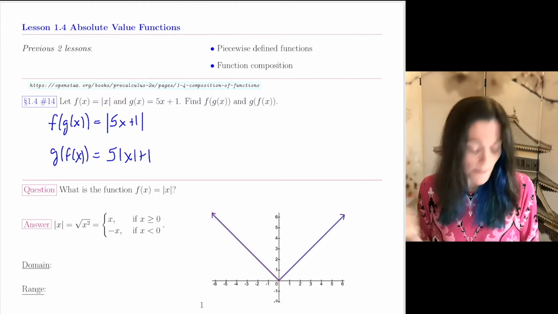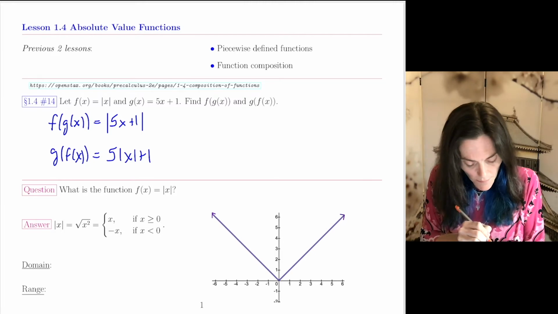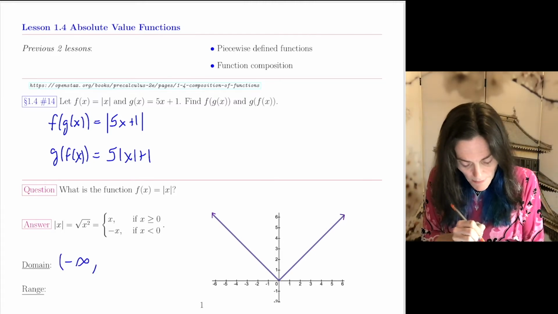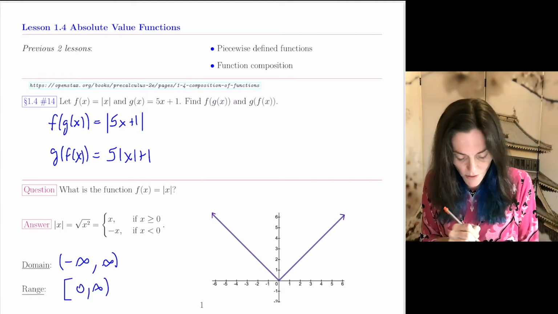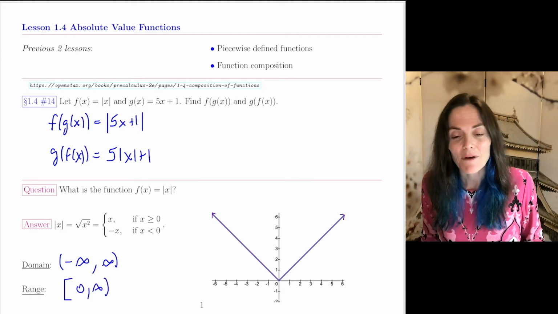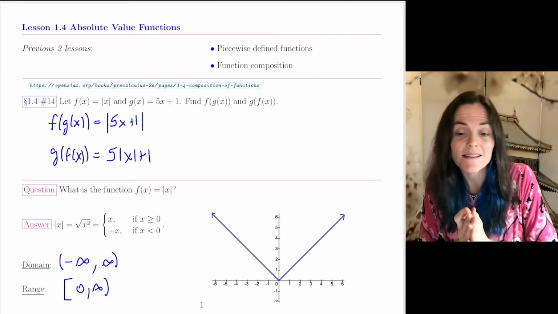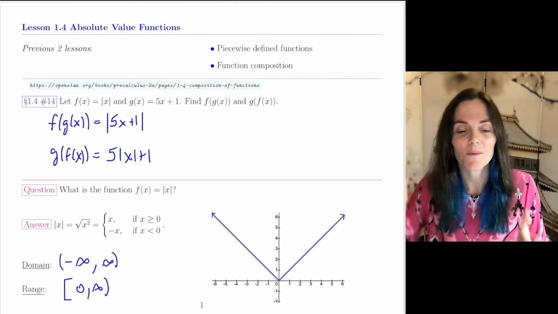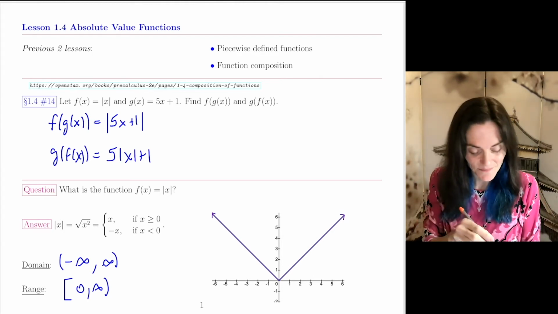But note that absolute value of x is always non-negative. Now, immediately we can write down the domain, minus infinity to infinity. We can also write down the range, so you can see it from the graph, right? If we push the graph toward the y-axis and see what it traces out, we get 0 to infinity. This is the range of this function.